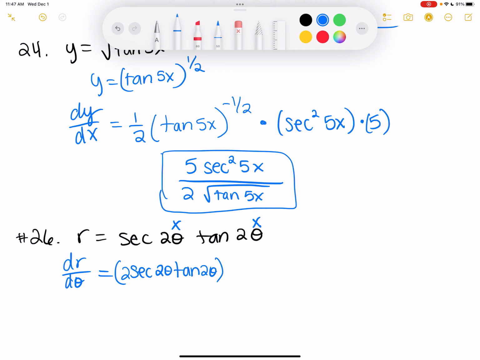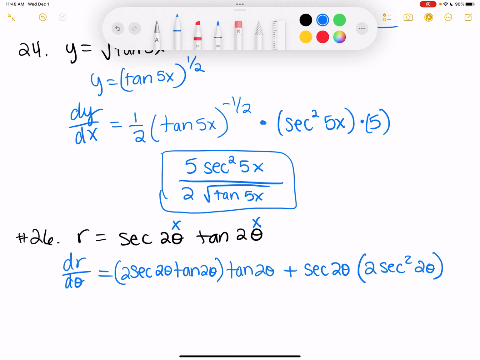So that's the derivative of the first times the second. So I'm just going to write down tangent of 2 theta plus the first, so secant of 2 theta, times the derivative of tangent of 2 theta, which is... Yep, 2 secant squared of theta, or well, of 2 theta.